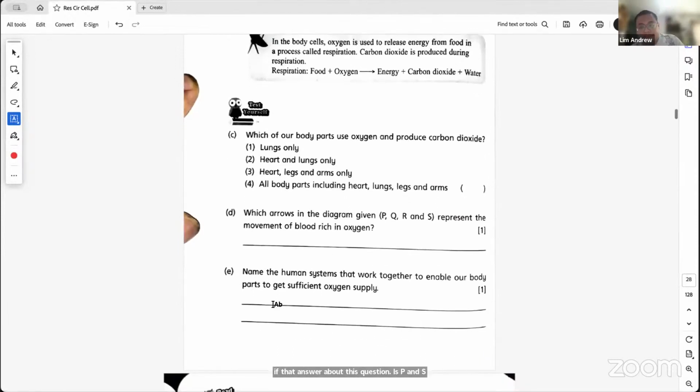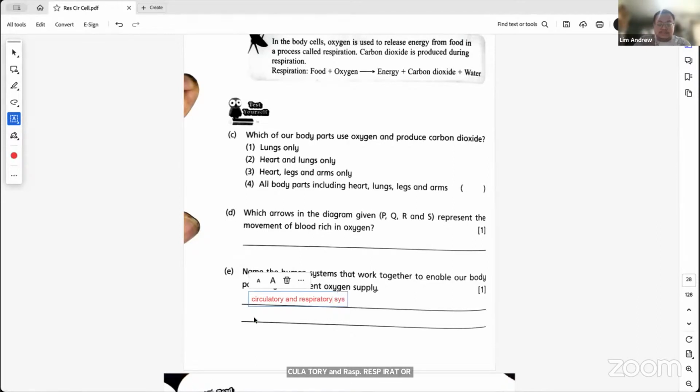As mentioned earlier on page 1, the two systems that work together to ensure that our body has enough oxygen are the circulatory system, C-I-R-C-U-L-A-T-O-R-Y, and the respiratory system, R-E-S-P-I-R-A-T-O-R-Y.